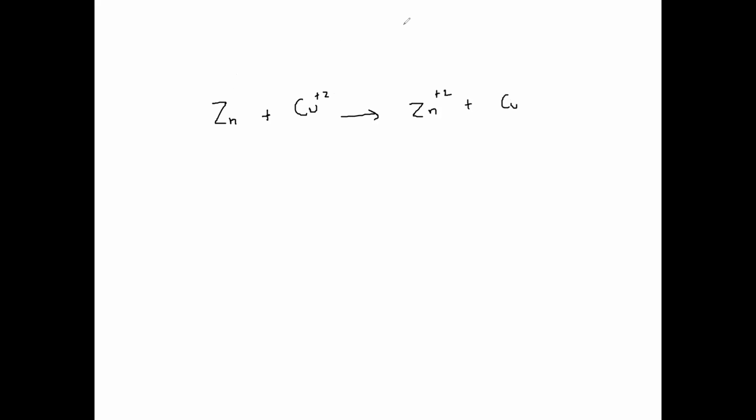When we write the oxidation numbers, elements are in state 0. For zinc, 0 becomes +2, so there is an increase in oxidation number. What do we call this change when there is an increase in oxidation number? We call this oxidation.